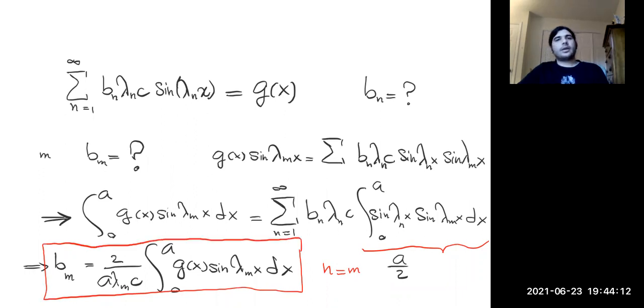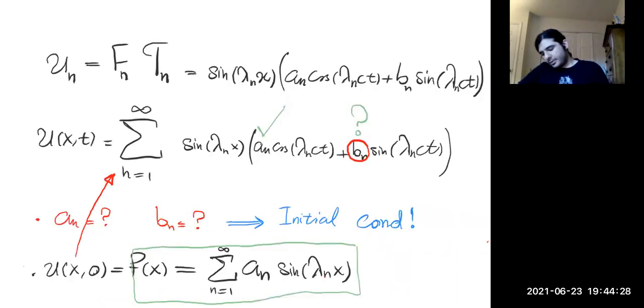Now we have both a_n and b_n for any n, and we only need to plug them into the solution we got here. We computed a_n, now we computed b_n. Sometimes we can just estimate the integrals, or we can compute them explicitly depending on what g and f are. We would have this form for the solution to that equation.